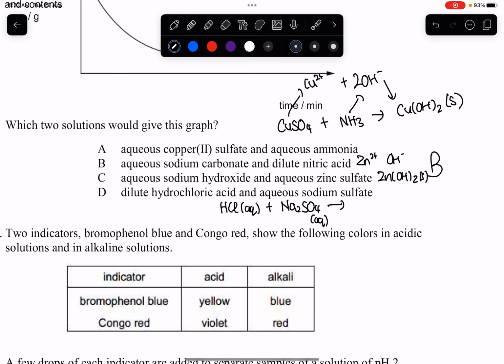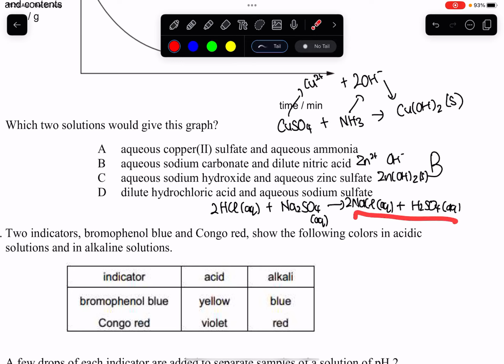It's not precipitation because there's no solid formed. So they are swapping partners. You get NaCl aq plus H2SO4 aq. Of course you must balance it, but this does not produce any gas. Answer is B because it's a carbonate plus acid reaction giving you salt plus carbon dioxide plus water.